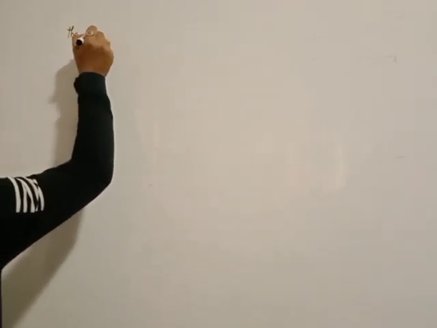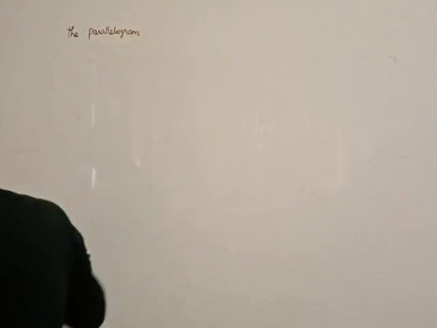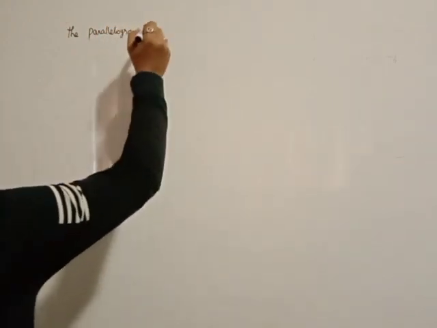The first one is question number 3: a parallelogram whose diagonals are equal is a rectangle.